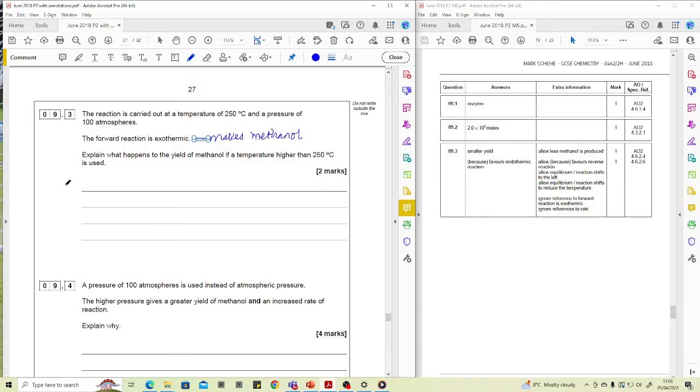Okay, and if the temperature is higher, that will reduce the yield, so the yield decreases because higher temperatures favour the reverse reaction, because it is endothermic.